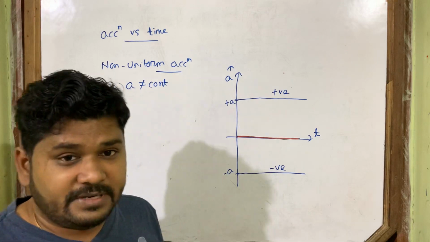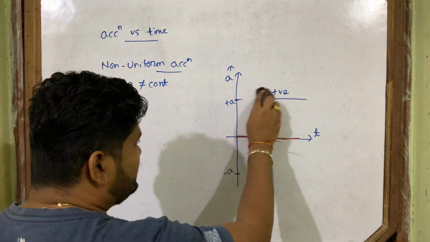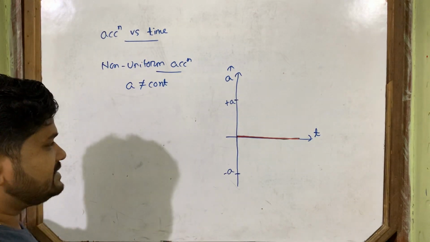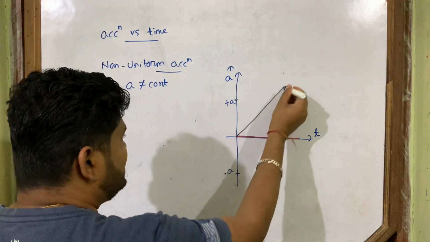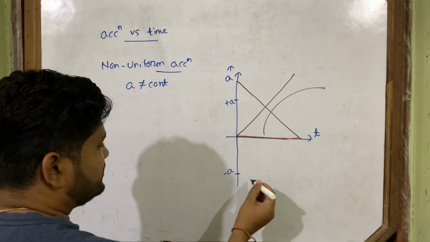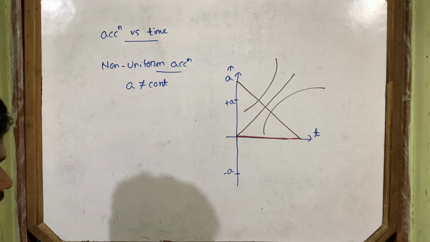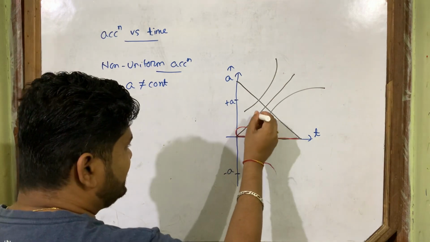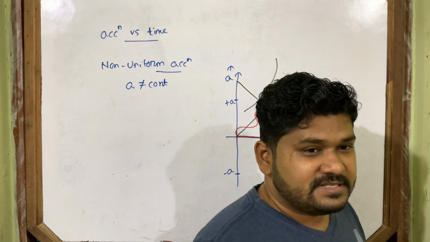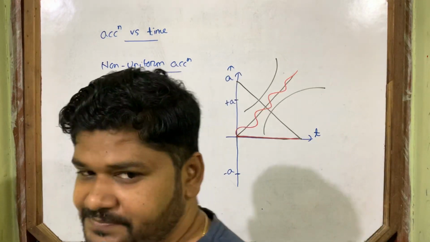It may be curved, it may be straight, it doesn't matter. But leaving these two lines, you can draw any line on this graph that indicates acceleration is changing. You can draw like this, like this, like this. If at every point acceleration is changing, it is non-uniform acceleration.